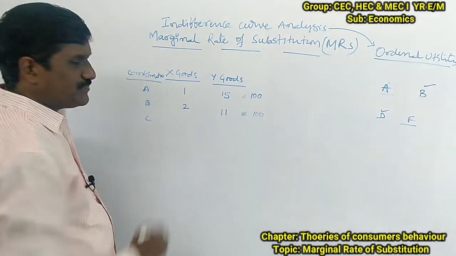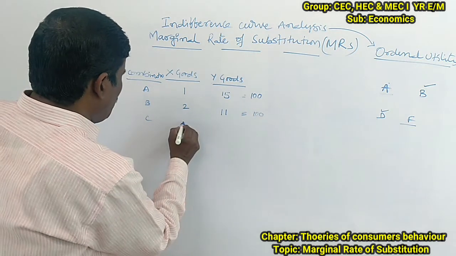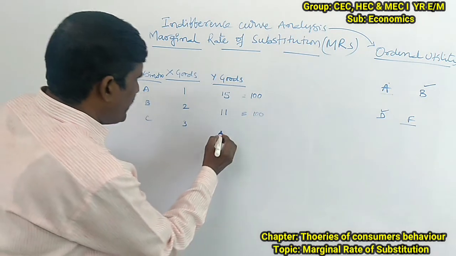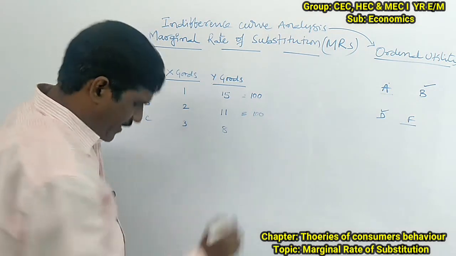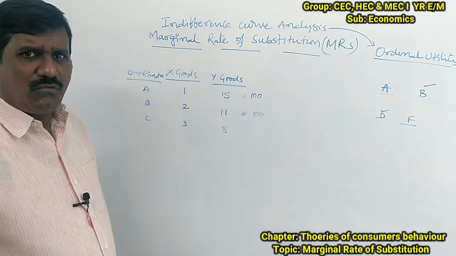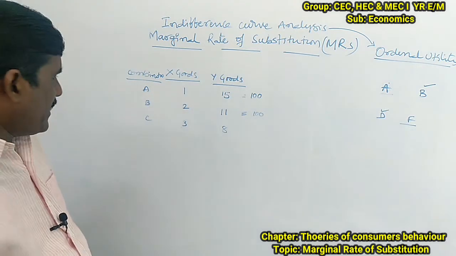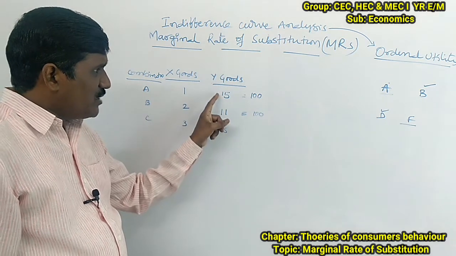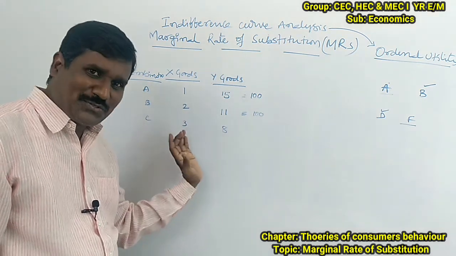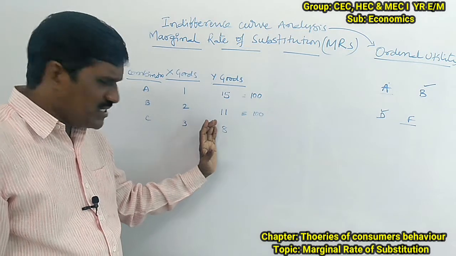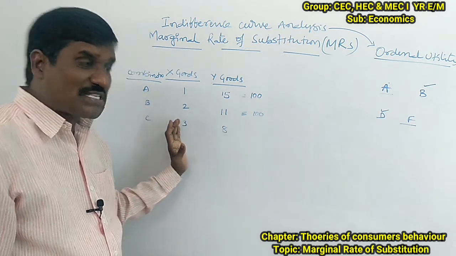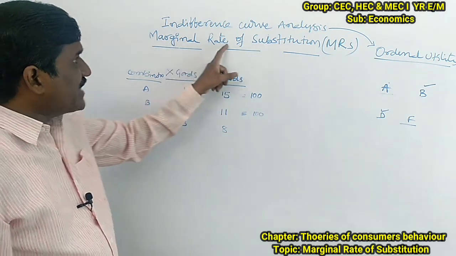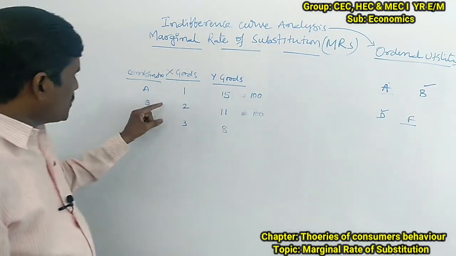Then C. If he wants to increase 3 units of X, he reduces Y. What happened here? If X increases, he is reducing Y. The Y good is a substitute for X good. What is the substitution? Marginal rate of substitution. What is the marginal?